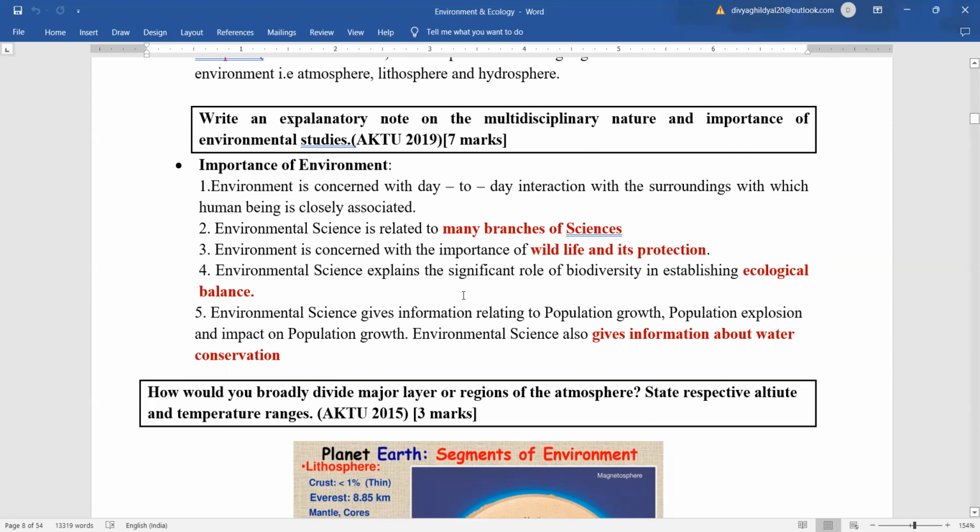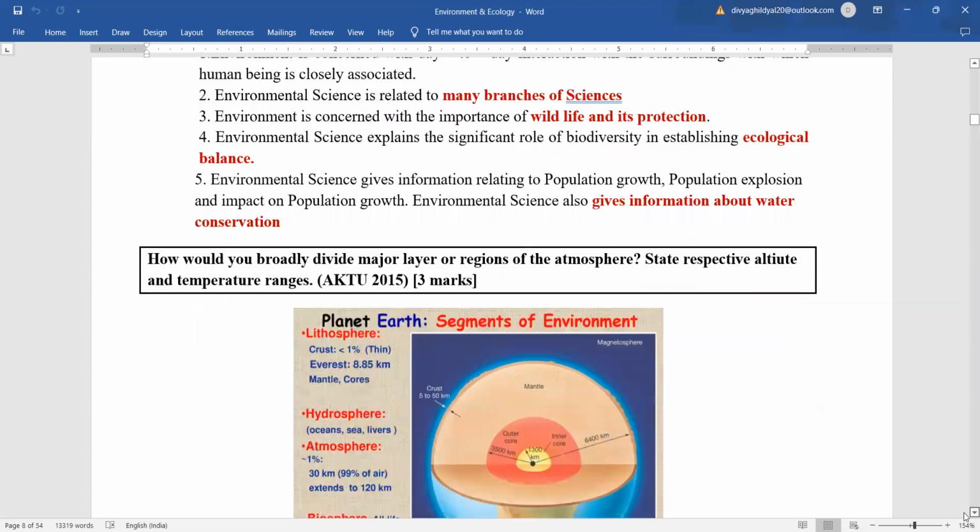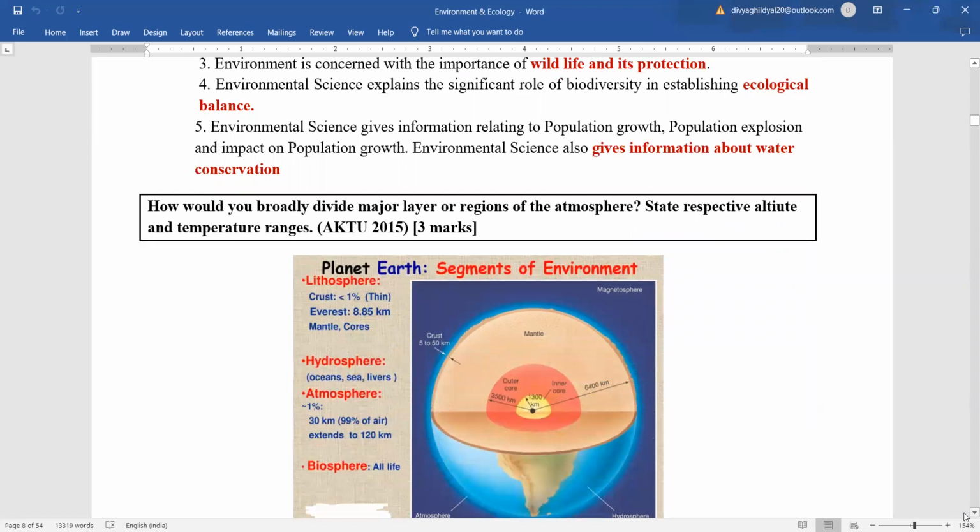Then environment is giving us important information on population explosion and population growth. Environmental science also lets us know about water conservation, etc. All these factors are very necessary for human life to survive.